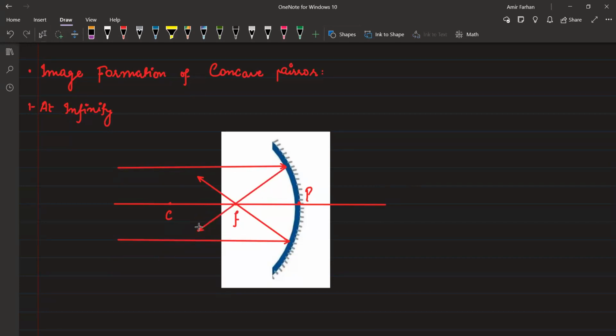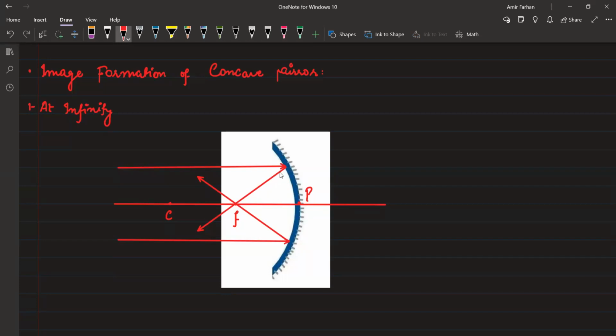Okay. Look, whenever your object is placed at infinity, the ray will be parallel to the principal axis, yes or no? The ray coming from that object. And this concave mirror has the ability to reflect the light at the focus.